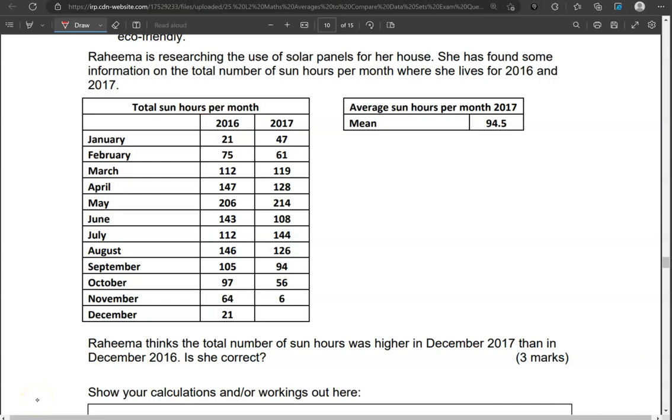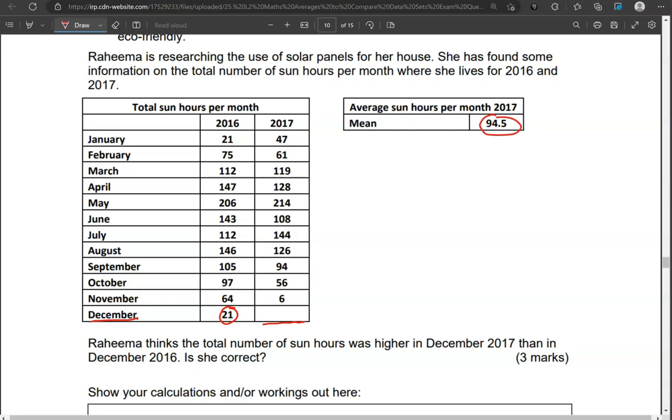Okay, so for 2016, we know that it was 21 hours in December. But we don't know for 2017 what that was, because it's missing. And that's what we're going to work out, using the mean figure for 2017.